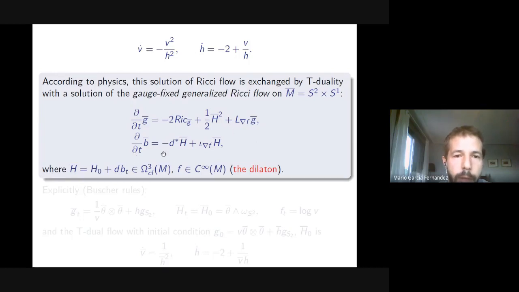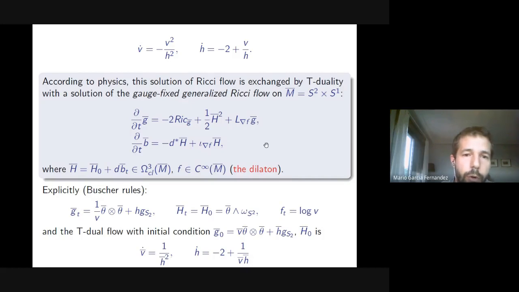Here I'm changing the equations that I had for generalized Ricci flow by these natural quantities, depending on the gradient of a function that physicists interpret as the dilaton field. So actually, this T-dual solution is completely explicit. They give you the formula. They tell you in coordinates, I can cook up the formula, and you can do it here globally. So this is the formula for the T-dual metric. And here observe that the initial metric is changing the size of the fibers from B to 1/B.